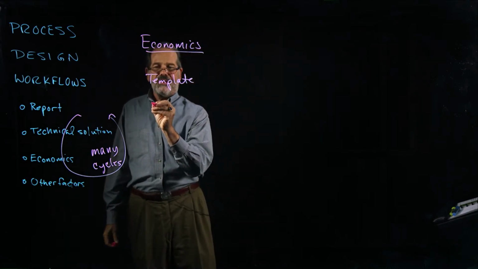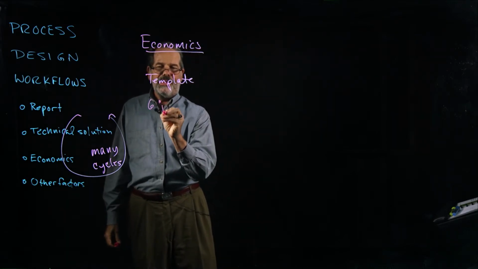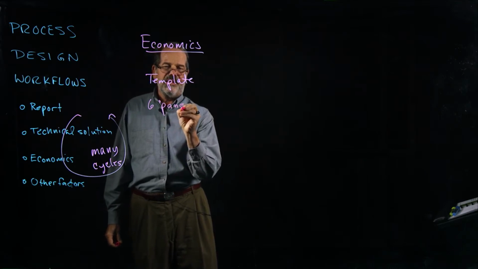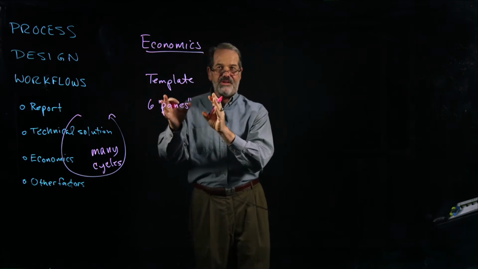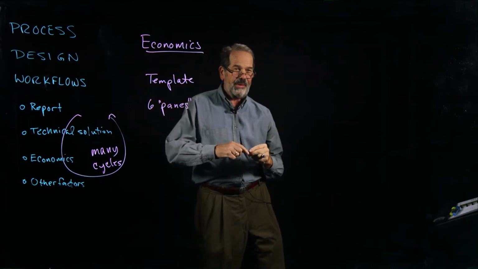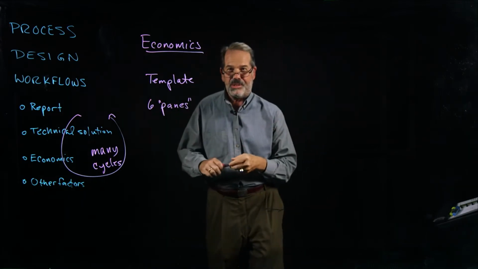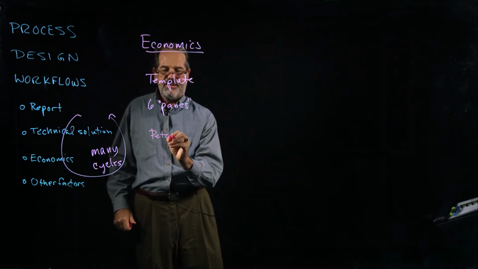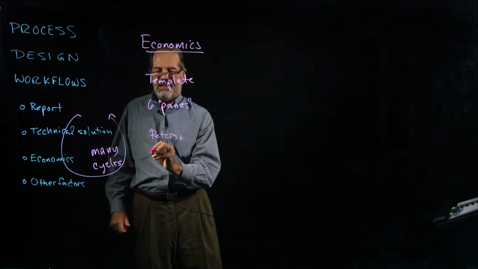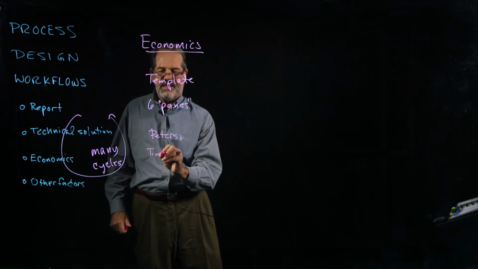So basically there are 6 panes or 6 frames in this template. Where this template starts off is with an economic analysis that's been used by Peters and Timmerhaus in their textbook for design. They have 160 pages on economics.